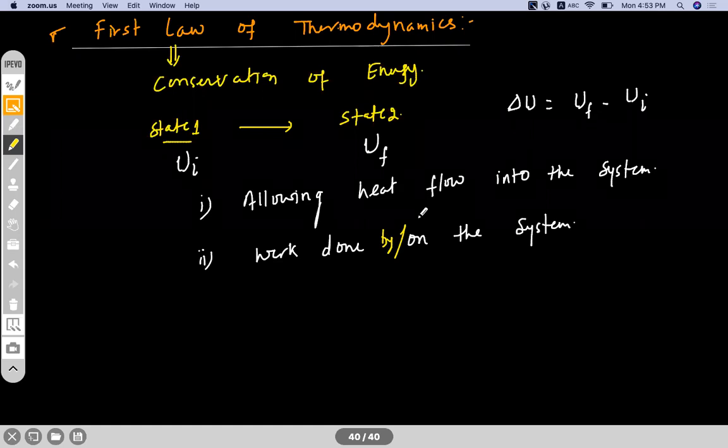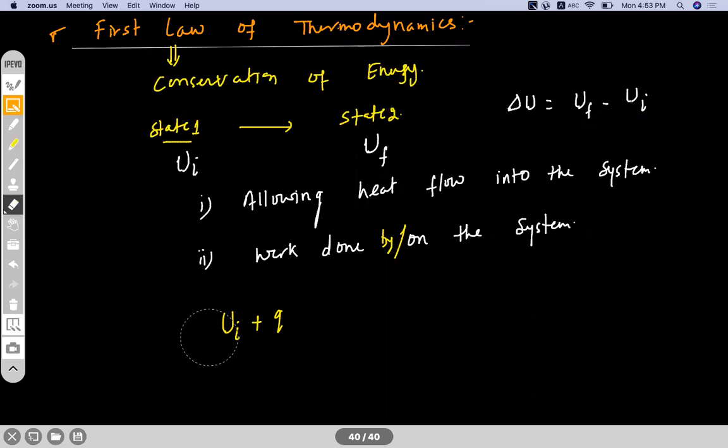Now suppose we have internal energy Ui initially, and you provide q amount of heat into it, so plus q, since you are giving heat. And work is done on the system.